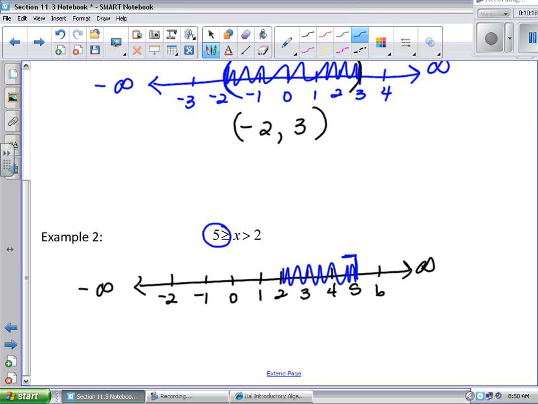So here's my bracket. At 2, when I look at my inequality, we're greater than 2. Greater than means we're going to use a parenthesis at that end of the shading. So we have a parenthesis at 2, comma 5 with a square bracket, and there's our interval.